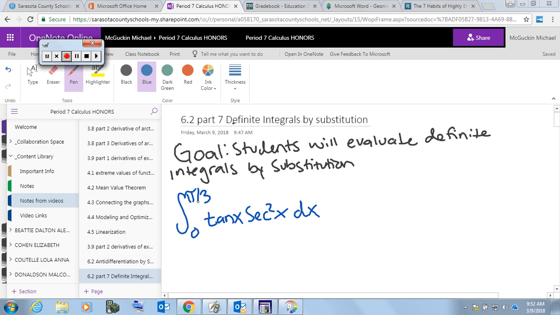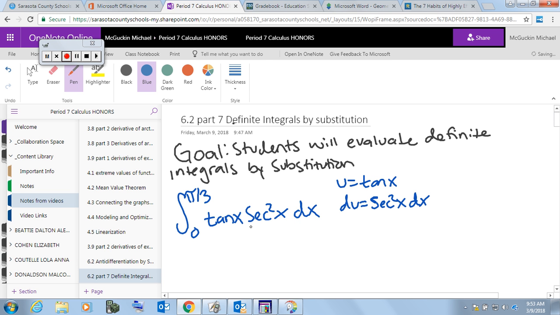But let's look at the possibility of making tangent our u, because think of what we know about tangent. The derivative of tangent is secant squared. So your life is pretty easy when you can choose a u and your derivative is exactly what is left over inside of that integrand. So if we make u tangent of x, that means du is secant squared x dx.